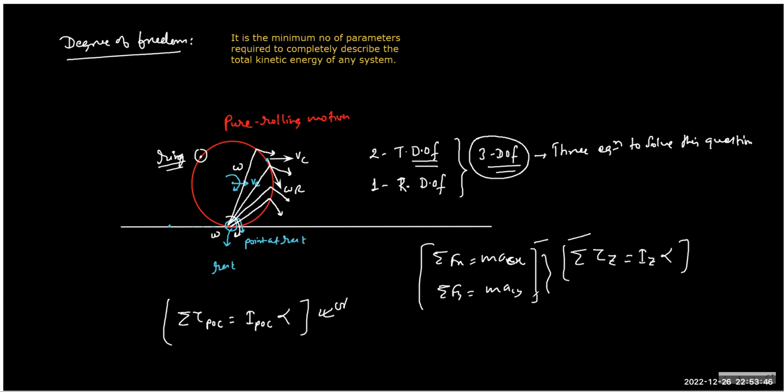While writing the right hand side, this actually becomes net torque about center of mass is I_CM into alpha. If you want to solve by the 3 degrees of freedom, you need to write the torque equation about the center of mass, not anywhere else. But to solve the question in 1 degree of freedom, you have to write it about the point of contact.